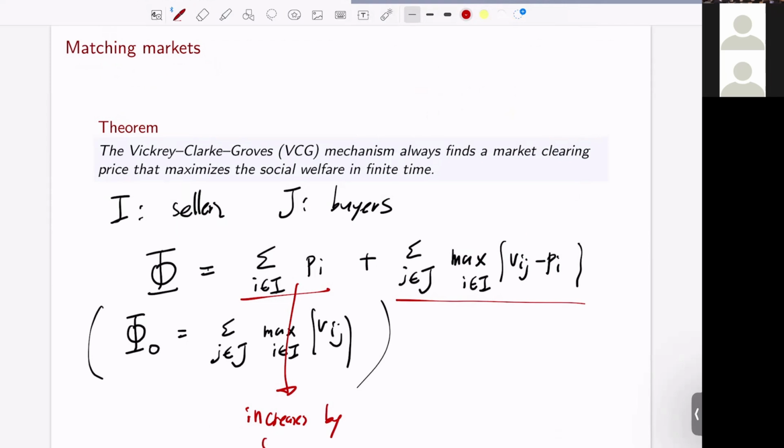some delta. So the price of the conflict, if we increase the price of each item in the conflict set by delta, it will increase by the number of items in the conflict. And this thing will decrease by delta. So let me write it down.